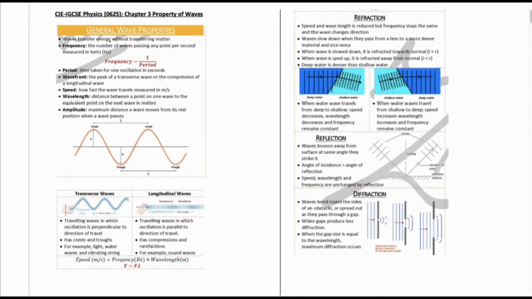Okay, so you see the first point. Waves transfer energy without transferring matter. Without transferring matter. So for example, sunlight. They transfer heat. Okay, they transfer thermal energy, which is heat. They never transfer any matter.